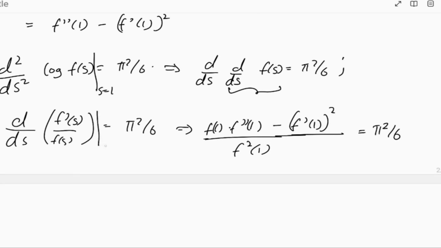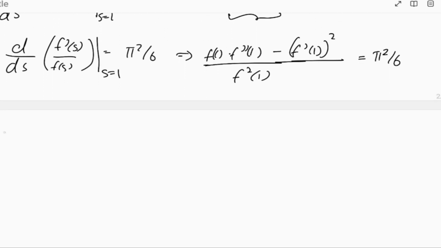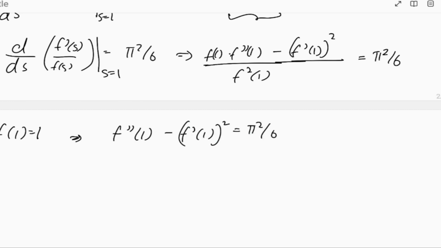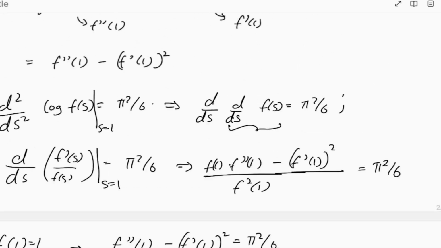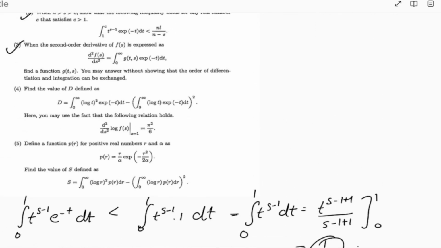But we have evaluated that f of 1 equals 1, so this whole thing is simply f double dash at 1 minus f dash 1 whole squared equals pi squared over 6. But this is exactly our d. So this is simply pi squared over 6. And that's the solution to the fourth part.